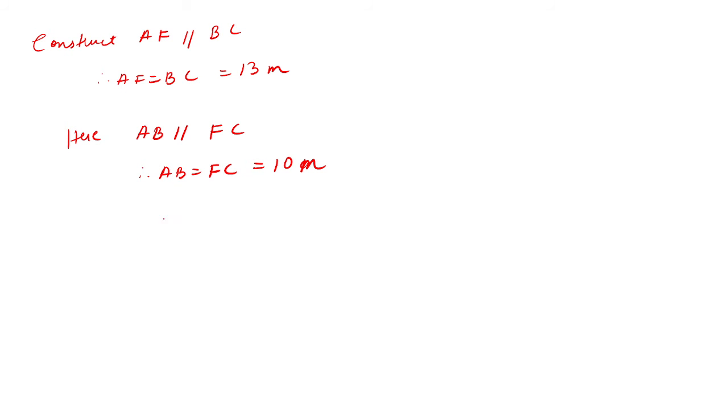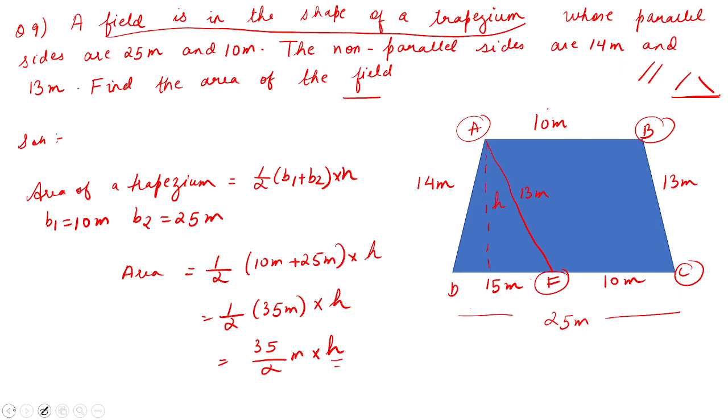Therefore DF is going to be equal to how much? 15 meter. Now you look at this. Clear up to this much. All right. So therefore, what do you know? Consider triangle ADF.